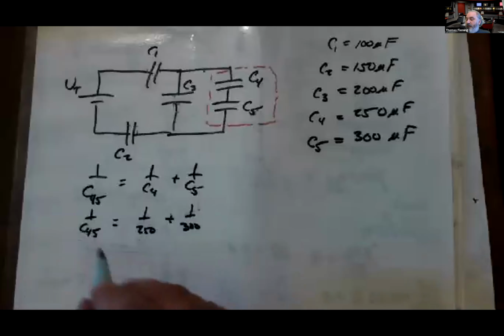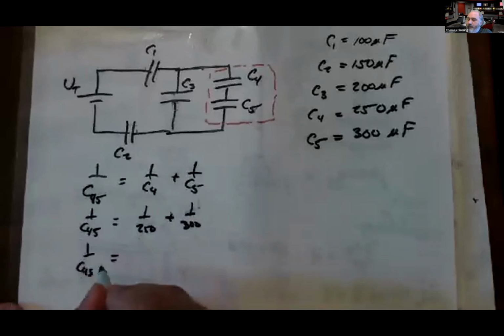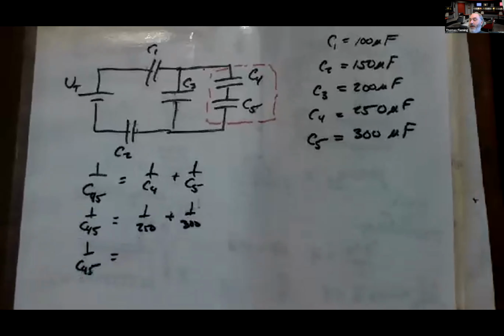A lot of times I'll find a common denominator, but this one's probably not super easy. So 250 plus... I got 0.0073.